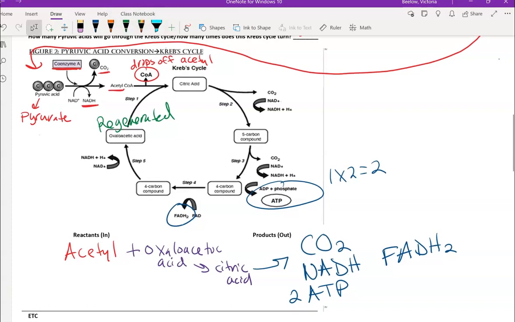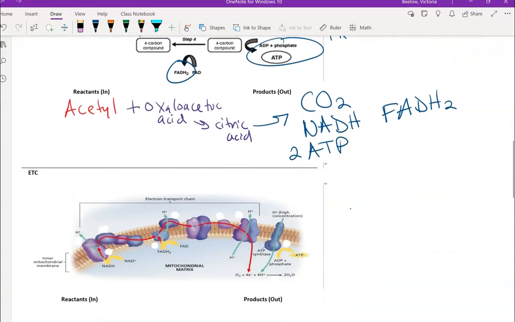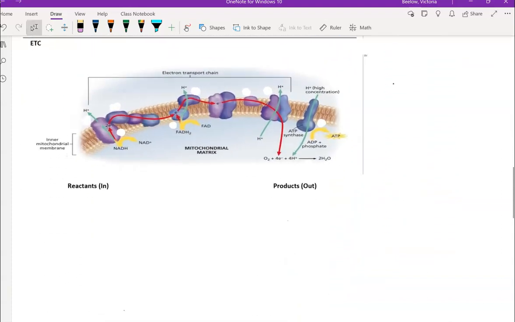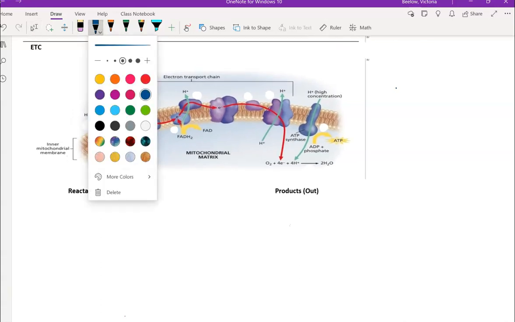And so up until this point, we've made quite a bit of NADH. We made some here in this step, and also this guy, which is another thing similar to NADH. We made it here, and we made it in glycolysis. So now in the last step, the ETC, that's where we're going to use that NADH.